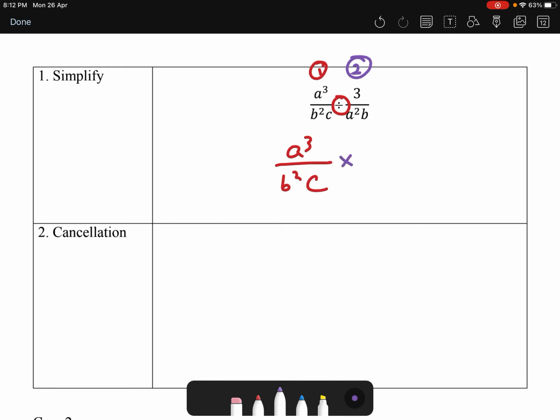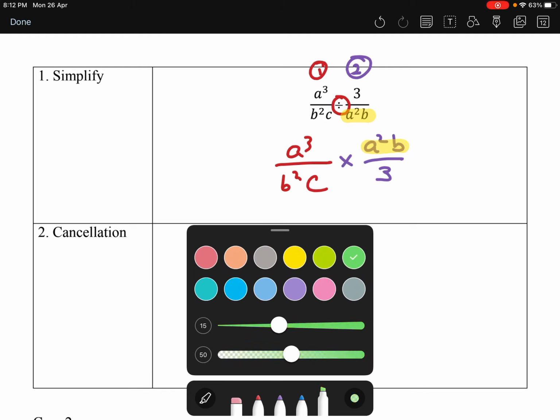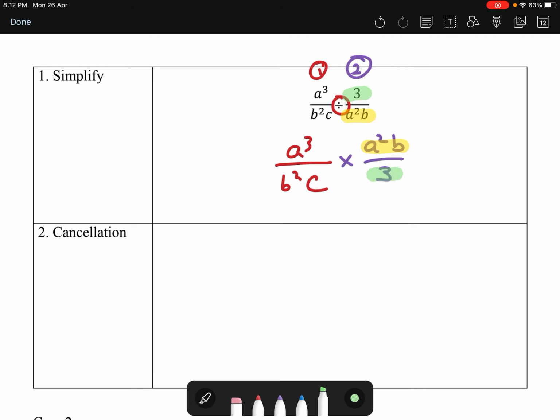Then you change divide to times, and the second term must flip like roti prata. So when you flip, the bottom is 3, the top is a squared b.